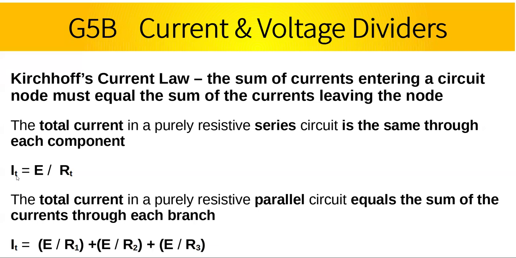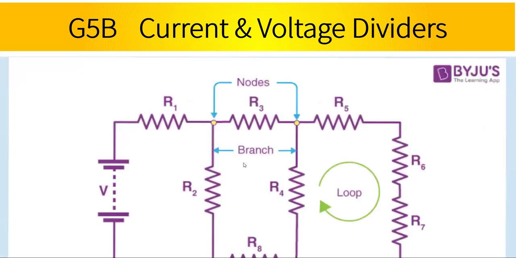So if we remember that the total I into the node is going to be equal to the voltage at that node divided by the effective or the total resistance. So in a parallel resistive circuit, we've got E divided by R1 plus E divided by R2 plus E divided by R3 plus however many there are. Okay, and that will give you that total current.